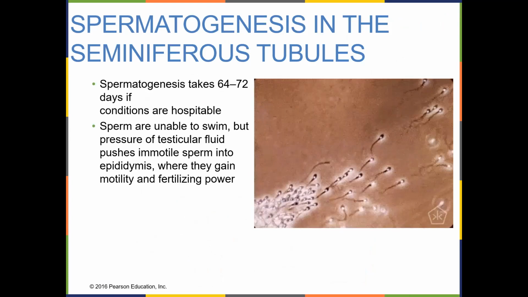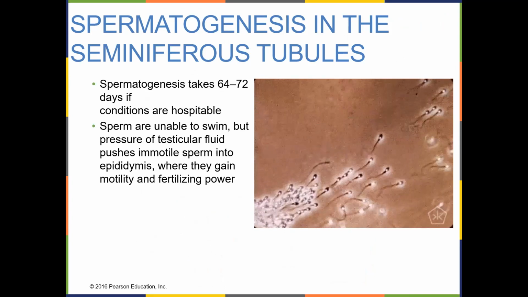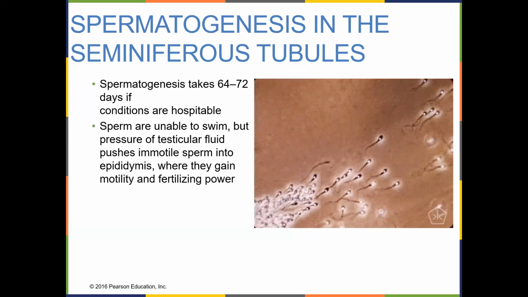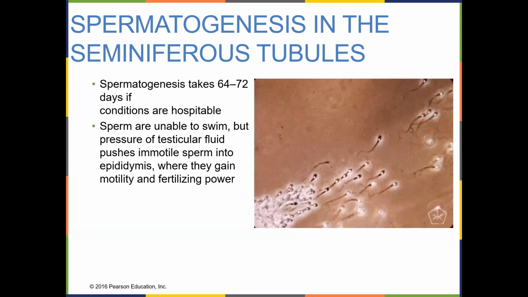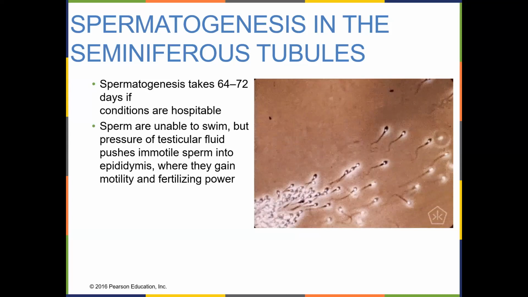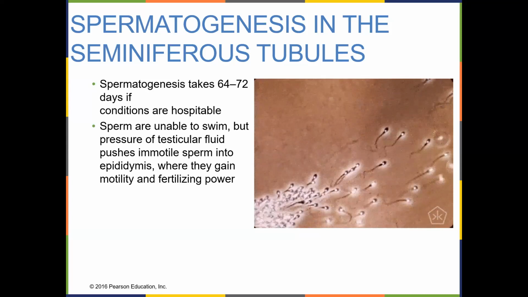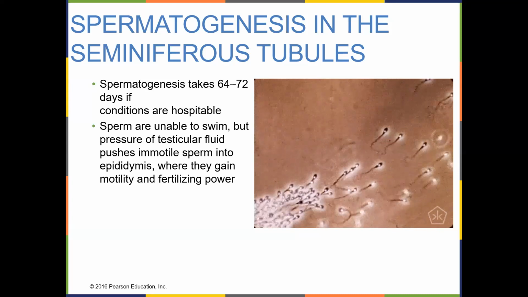The whole process of spermatogenesis takes about 72 days, a little over 2 months. The sperm cells can't swim until they develop; their tail is not motile until they're ready to be ejaculated.